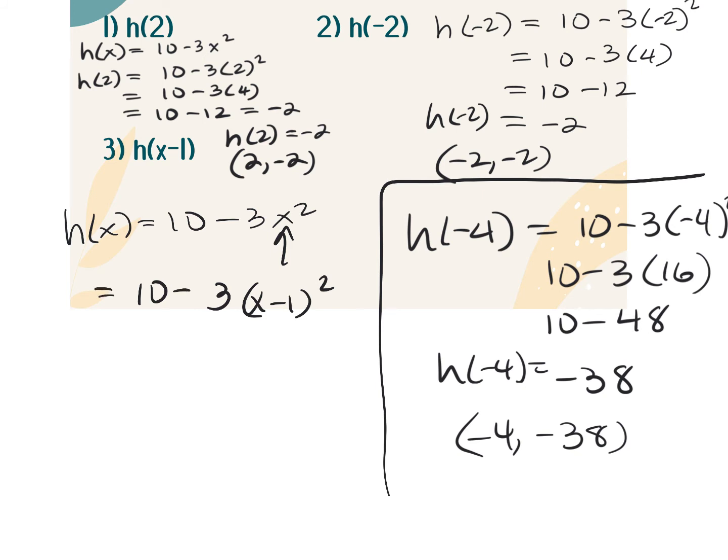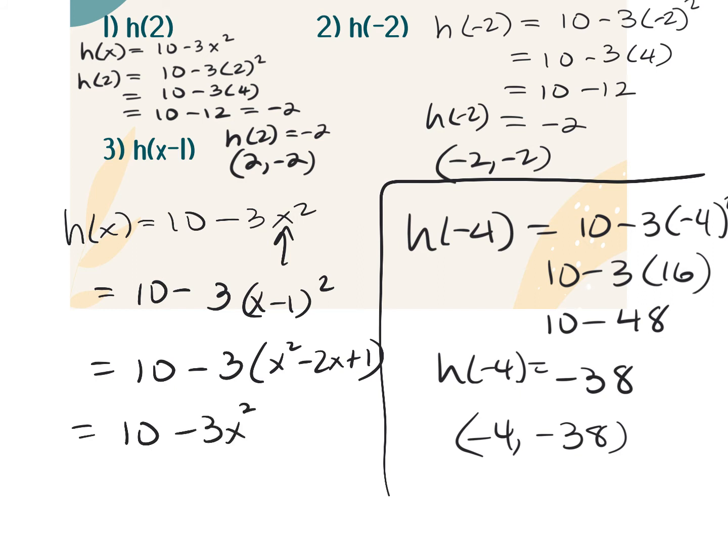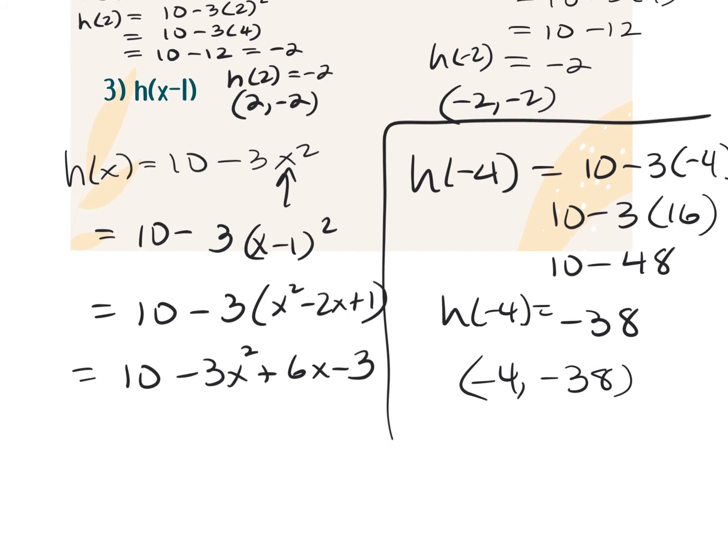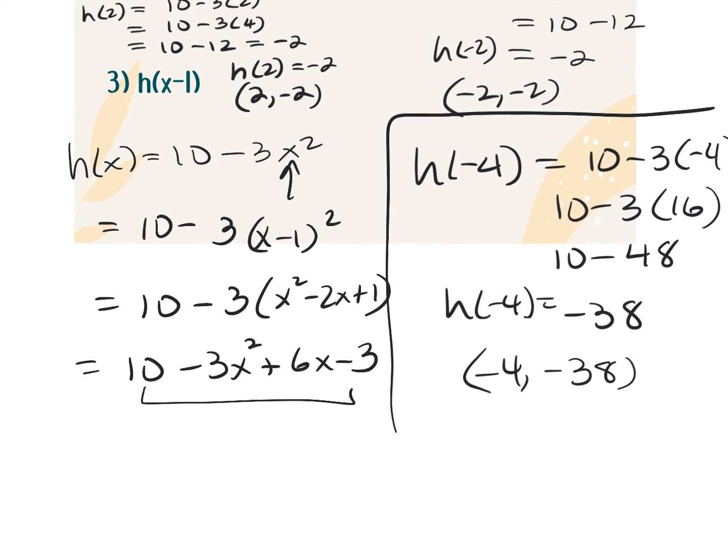So now I need to FOIL that, then distribute. Gotta follow PEMDAS. Do the exponent before you multiply. This becomes x squared minus 2x plus 1. Now I can distribute the -3: -3x squared plus 6x minus 3. I can combine these like terms.